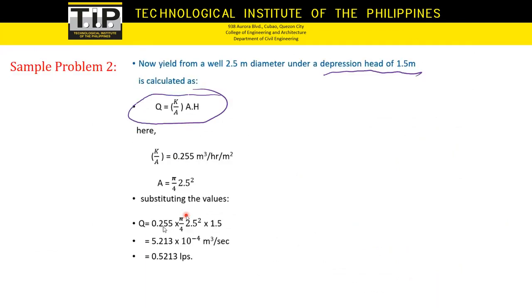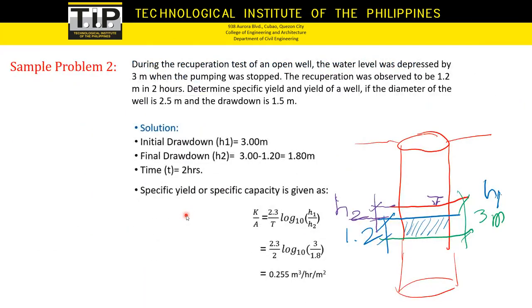And then, another test that we do is the recuperation test. It says here that in the recuperation test in an open well, the water level was depressed by 3 meters. So, we have a drawing here. This is the tube, and this is our initial water level.